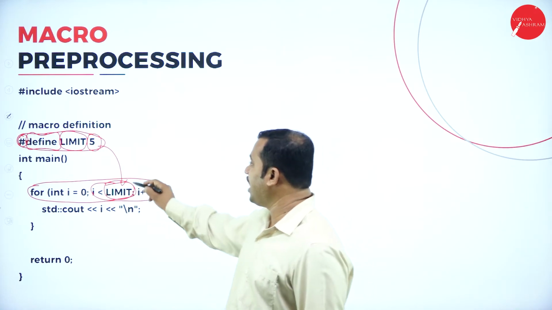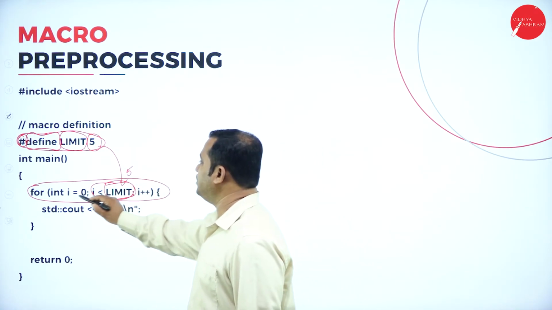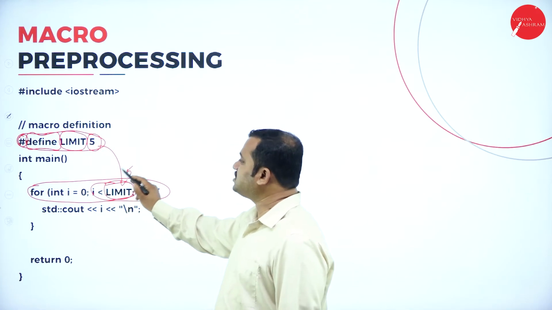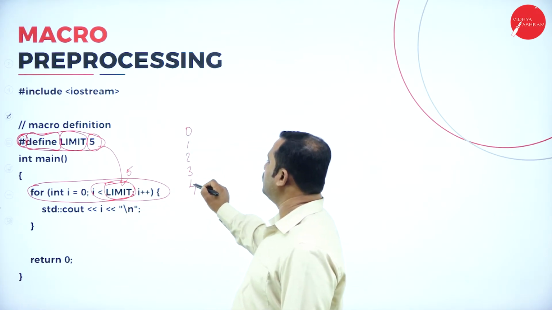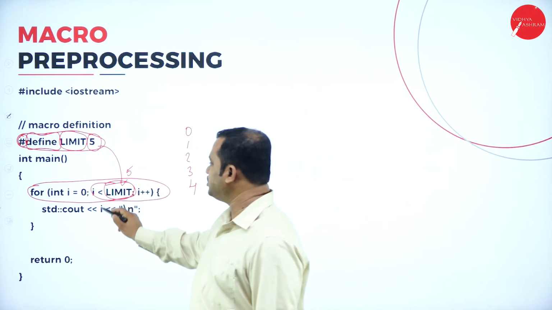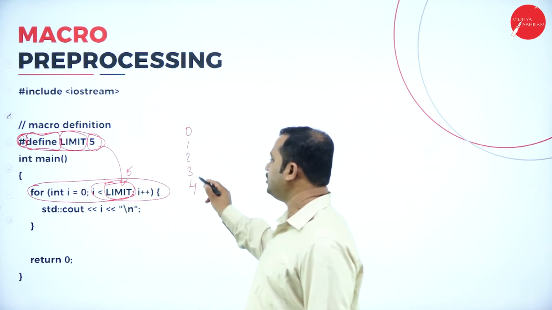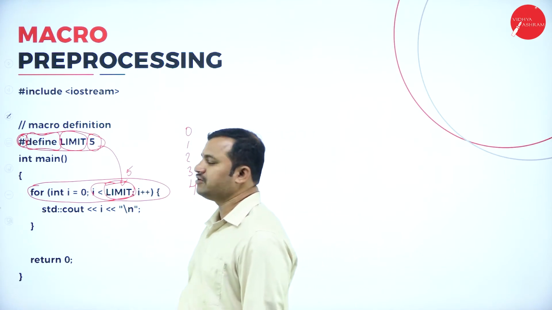That means we have LIMIT 5 here. That means i = 0, i < 5 means 0, 1, 2, 3, 4. Five times the statements are executed. That is, 0, 1, 2, 3, 4 is printed and finally it returns the value 0.